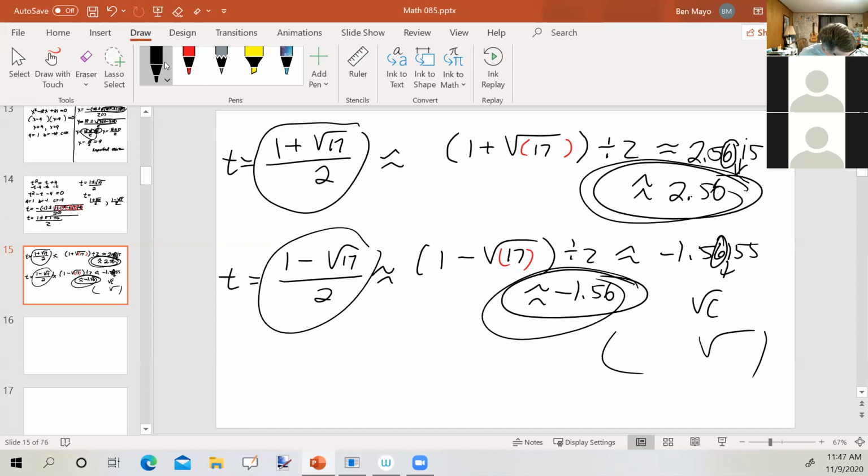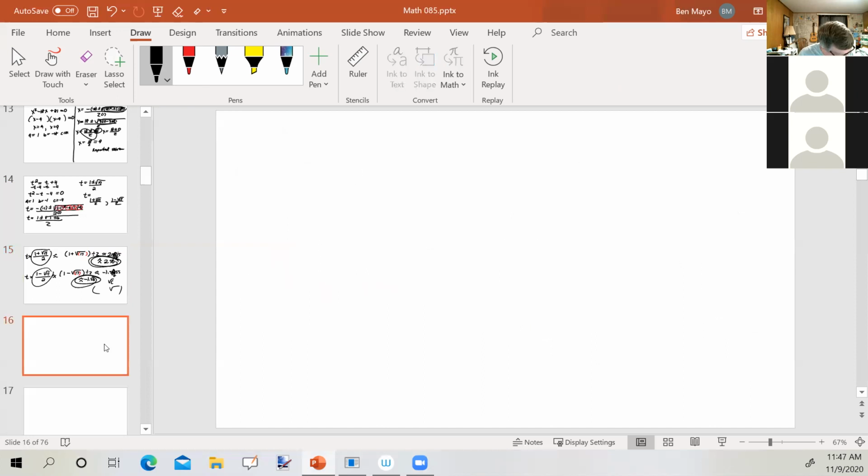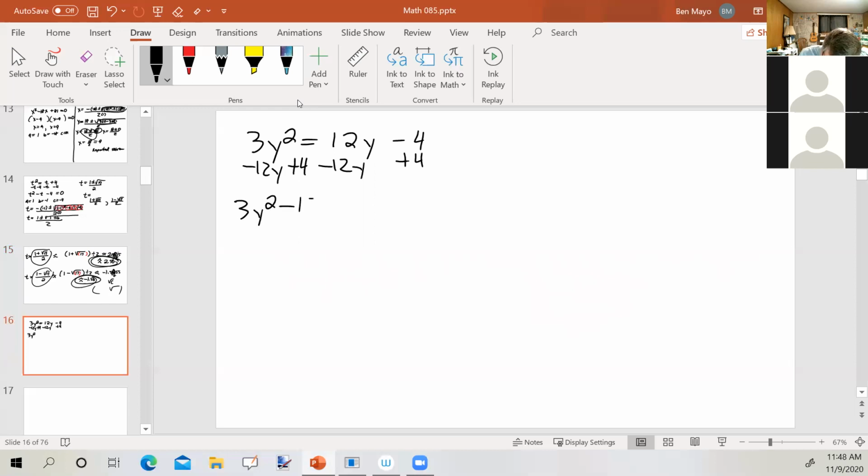Oh, let's see here. Let's do this one. 3y squared equals 12y minus 4. So to put this in standard form, I will subtract 12y from both sides and add 4 to both sides. So I get 3y squared minus 12y plus 4 equals 0.